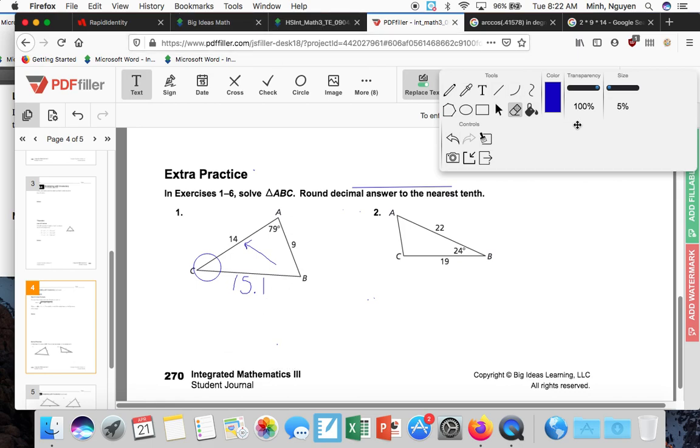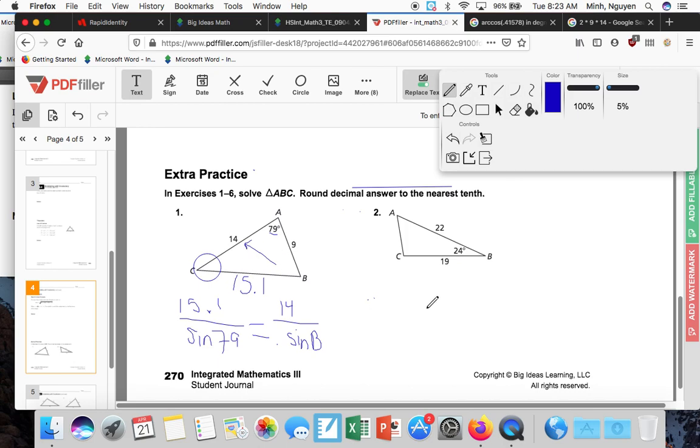So, using the law of sines, we know angle A and side A. So you could say 15.1 over sine 79 equals side 14 over sine B. And actually, you could solve for angle C using the law of sines as well.